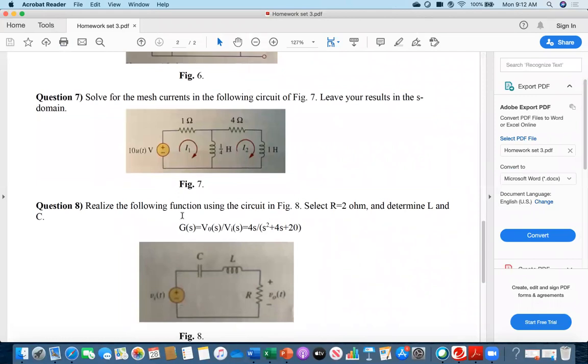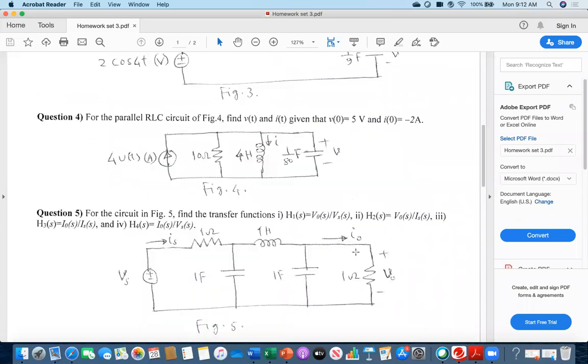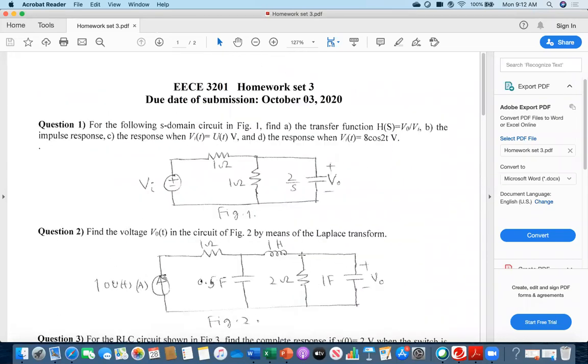As I said, the realize the following function that I will be discussing today, and also the transfer function calculation, question 5 and question 1. Although you might have already covered it in signals and systems class or other classes, I will be covering the transfer function today.